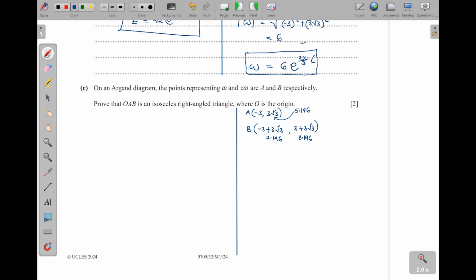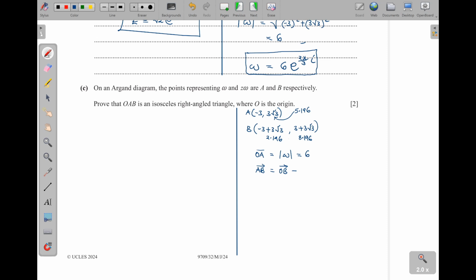Because this is isosceles, I need to prove the angles here. The length of OA, because A represents omega, is the magnitude of omega, and we have seen it is 6. Then how about AB? AB as a vector is going to be OB minus OA, because remember these complex numbers are vectors, they are points in space.